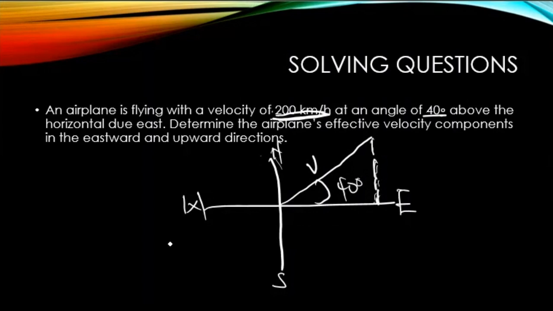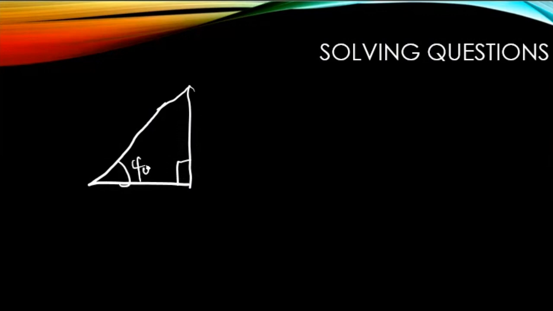So let's bring this into a right angle triangle, since that's what we see from it. The angle is 40 degrees and we have V, that's 200 kilometers per hour. Now we have to find Vy and Vx.